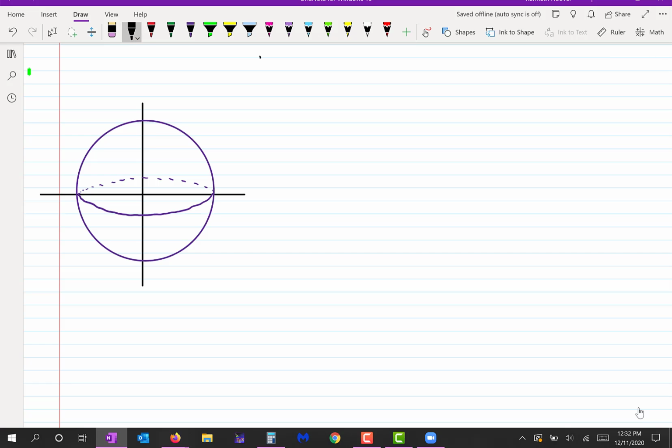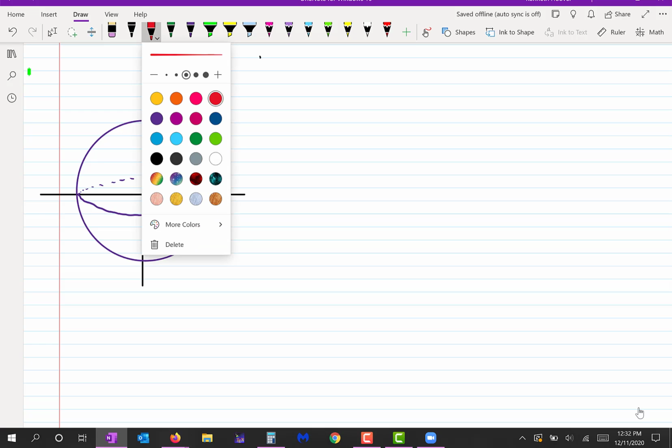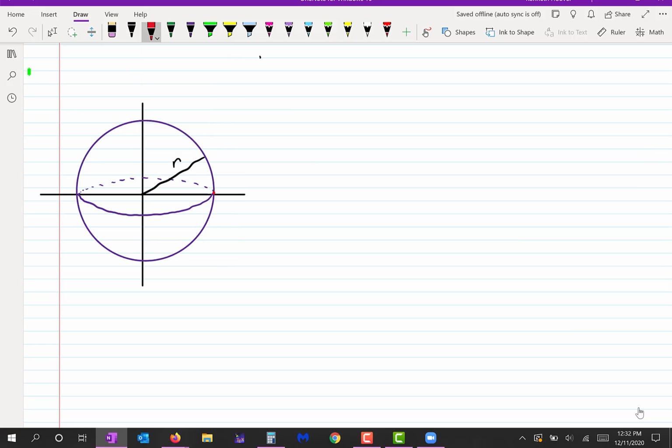Okay, so imagine that sphere right there with a radius of r. So that sphere is really just a semicircle rotated around the x-axis. What is the equation of that semicircle? Okay, well, you probably remember we get x squared plus y squared equals r squared, right?